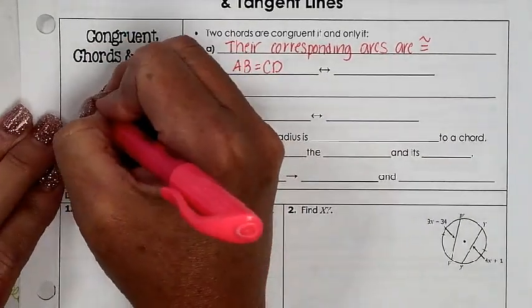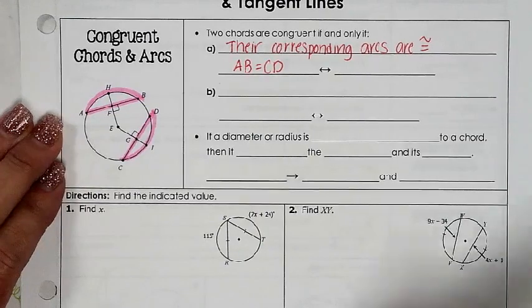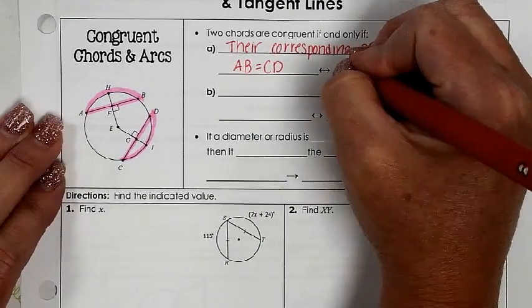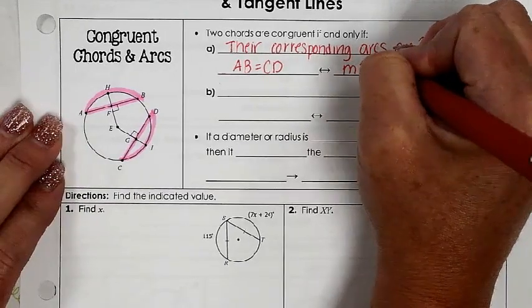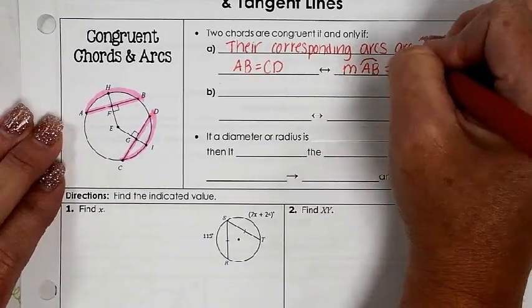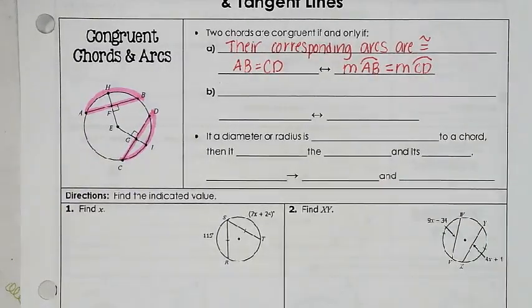So that would mean this arc here and this arc here. So measure of arc AB is equal to measure of arc CD.